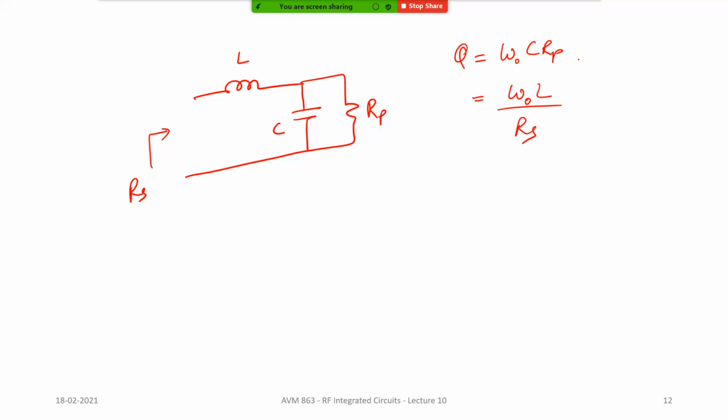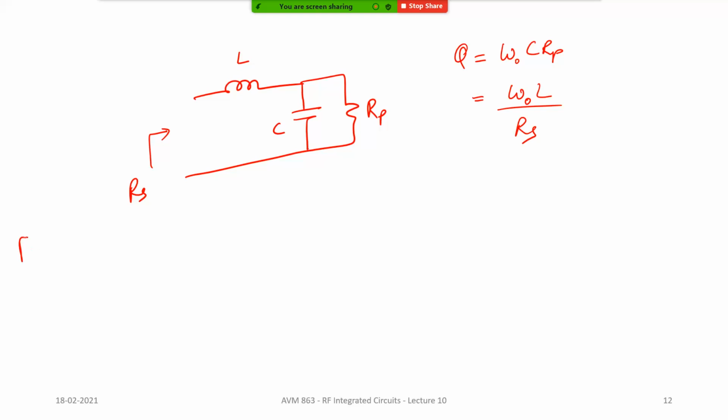The disadvantage with this L match network is that if you need a certain transformation ratio, that fixes the Q of your entire network. You understand? Let's say I want this 50 ohm to be down converted to 5 ohm. Then you calculate the Q that you require.